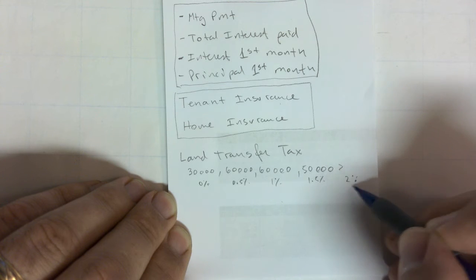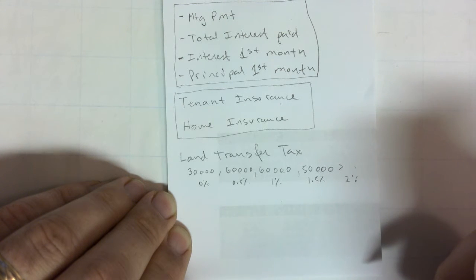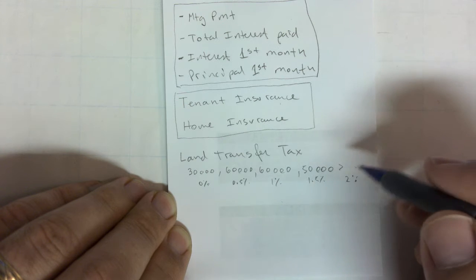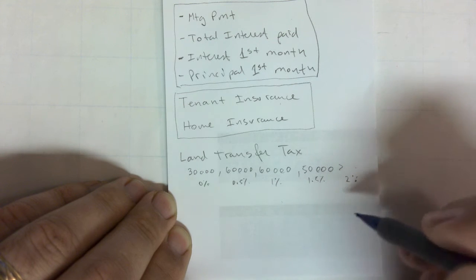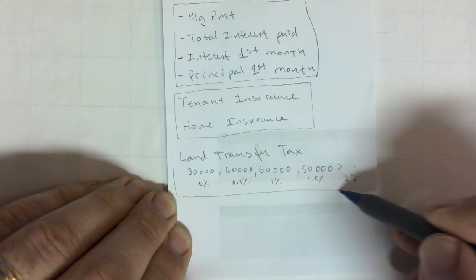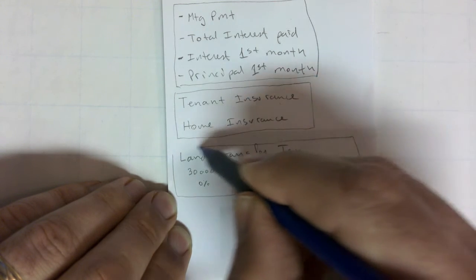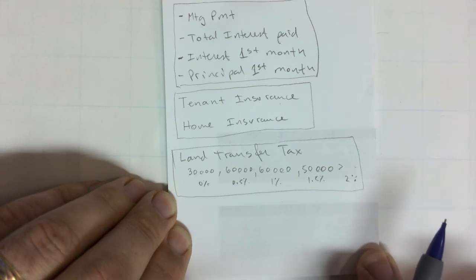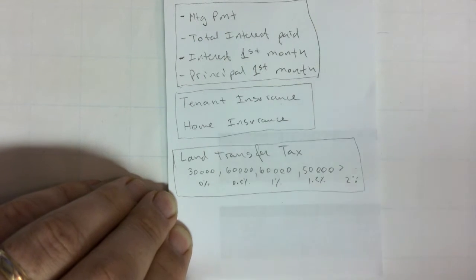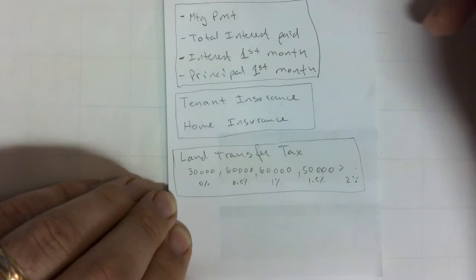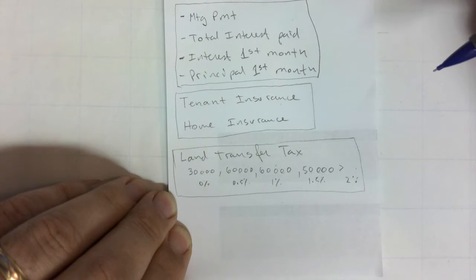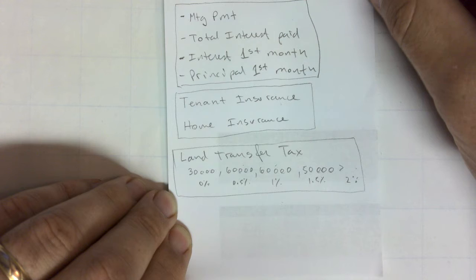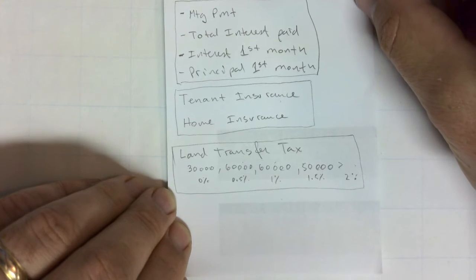Anything greater than that here would be 2%. So keep that in mind. We did a bunch of those, so maybe just go back and review how we did that. I used the subtracting method. So just keep subtracting the tier and multiply it by the percentage. If time allows, we might do a couple of these questions today.